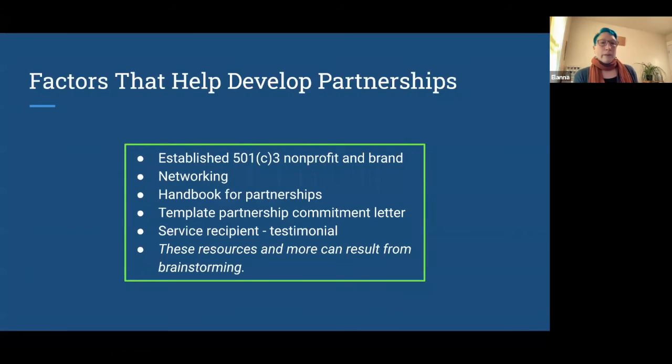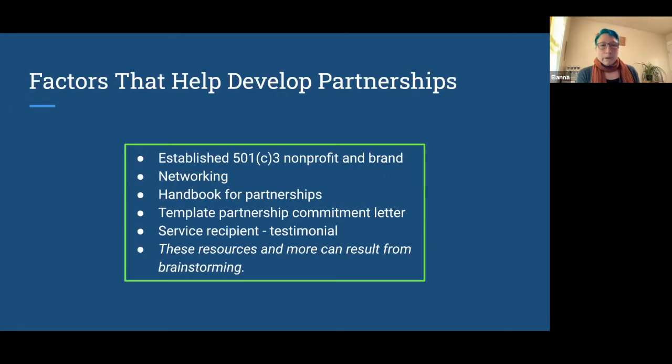Another thing to keep in mind that will help you develop partnerships is networking. Make sure that you are sharing resources wherever possible, formalizing those resources, connecting with people, seeing what other organizations need, and trying to help them fill those needs so that you can reciprocate.